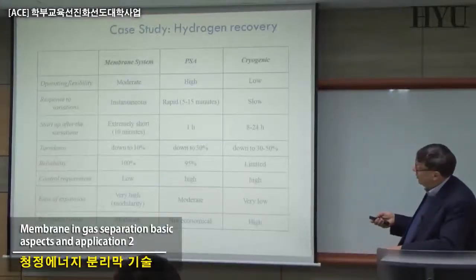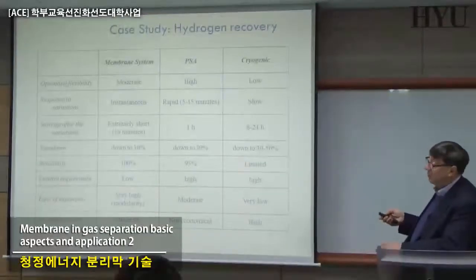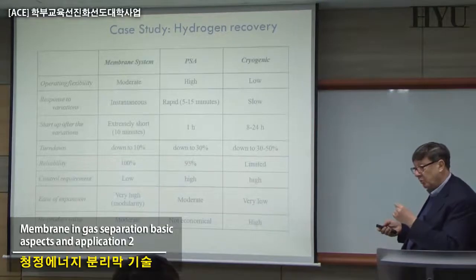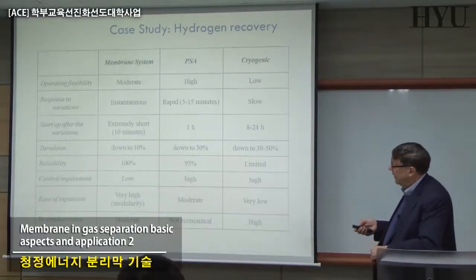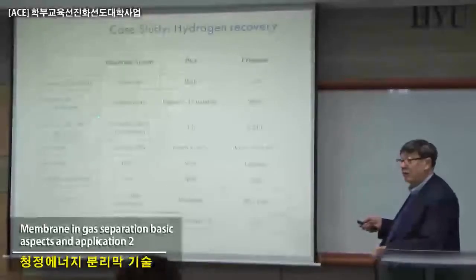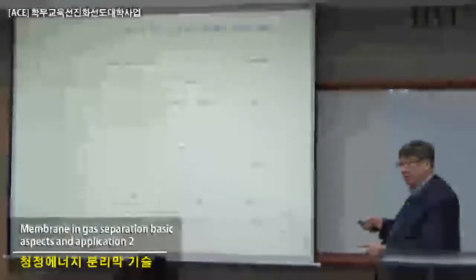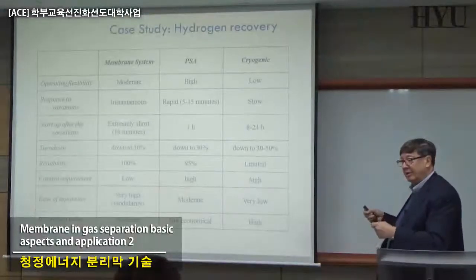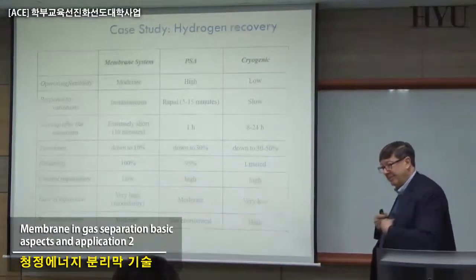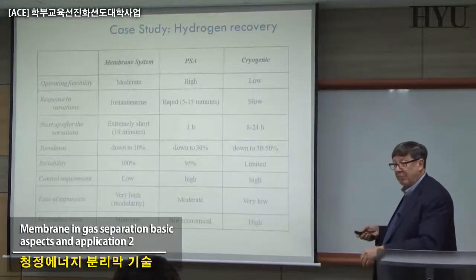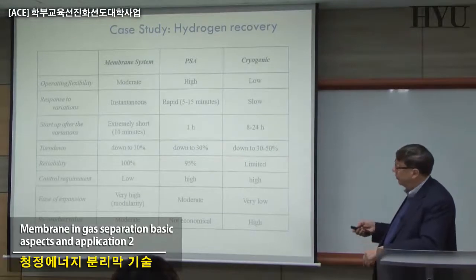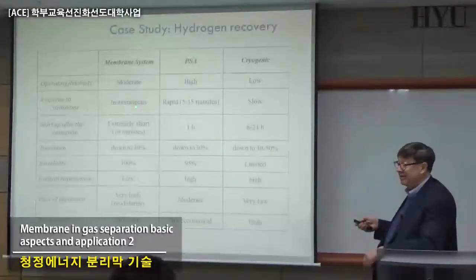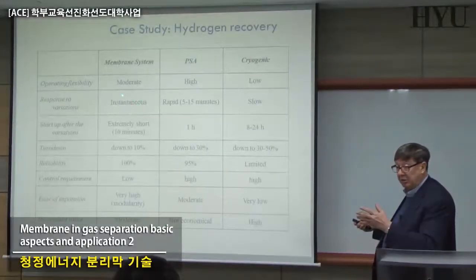If you can see here, there are parameters that are particularly interesting with regard to process intensification, such as response to variation. In some cases it is very important to know how fast the system can readapt itself when you are changing the applied pressure or the concentration of some component. The membrane system is instantaneous, basically immediate.